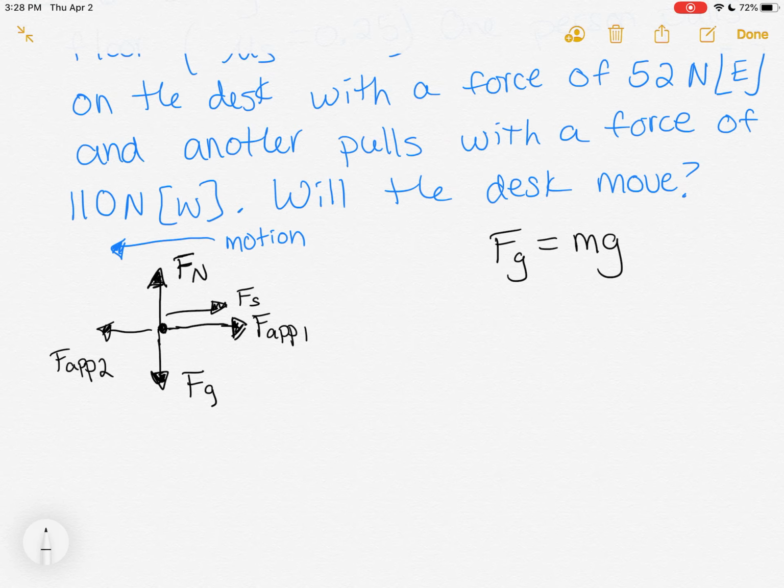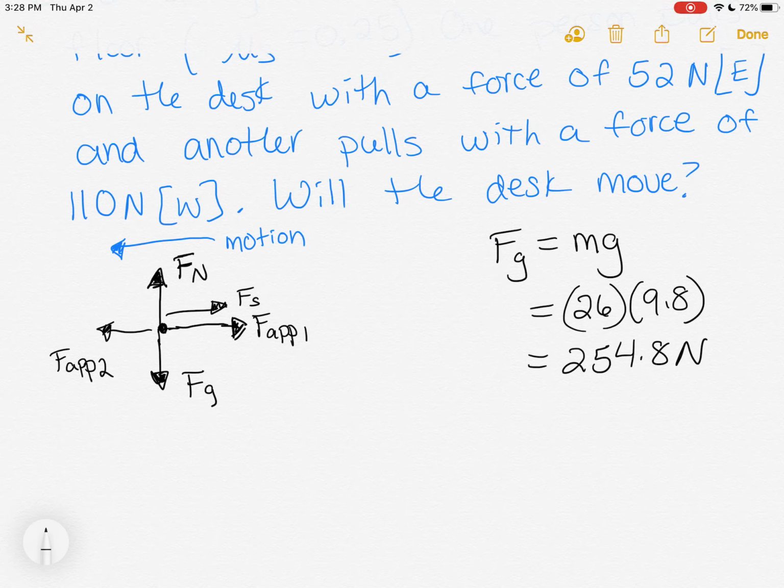Fg has a nice formula that we can always calculate. So our Fg is going to be equal to mg. We know our desk is 26 kilograms, and we know our g is always 9.8. And so we end up with 254.8 newtons.